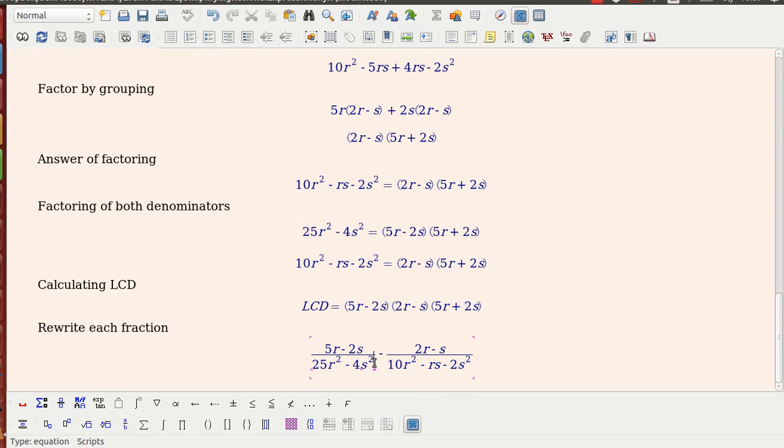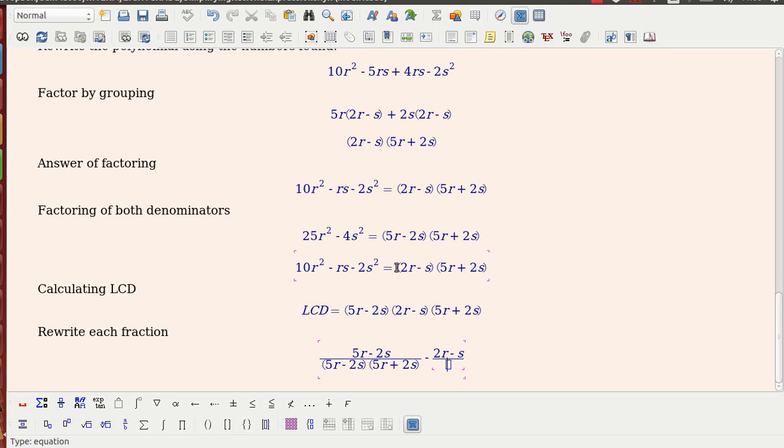I'm going to write each denominator in factored form. Why? Because the factored form of the denominator helps me to determine the factor that I have to multiply to get the LCD.